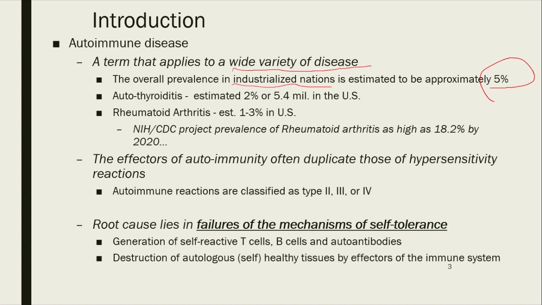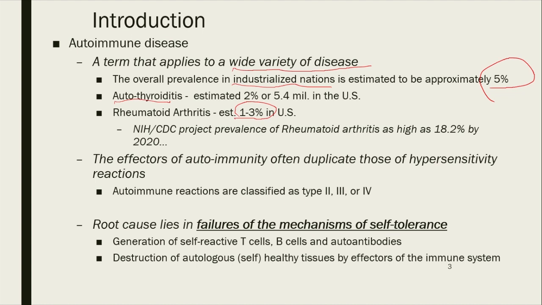So there's for example here thyroiditis, something about your thyroid, inflammation due to autoimmune attack, estimated to be about 2% in the US, and also rheumatoid arthritis estimated to be 1 to 3% in the US.